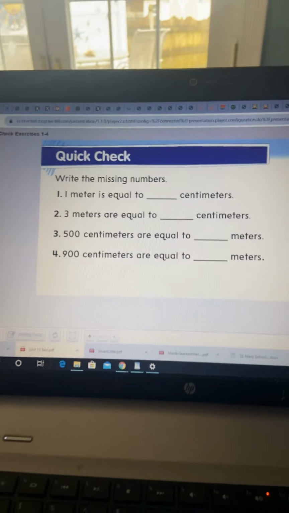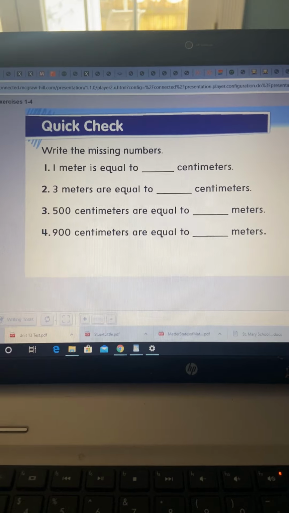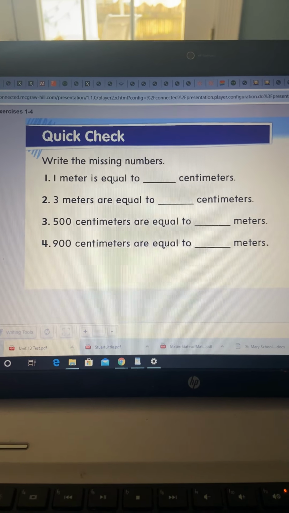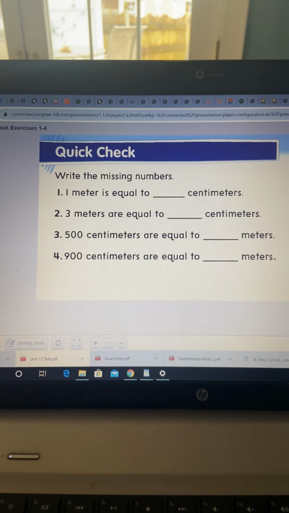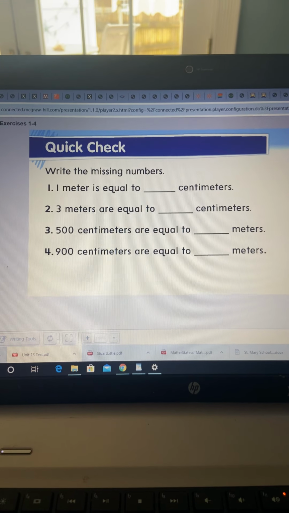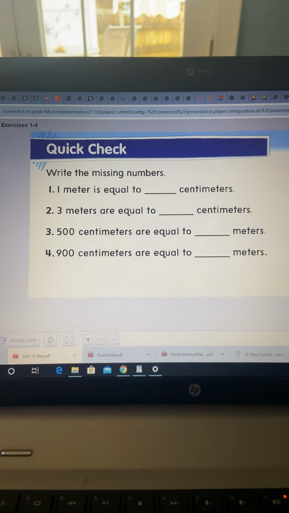If you recall in past lessons, we learned that 1 meter is equal to how many centimeters? How many centimeters equal 1 meter? And if you said 100, then you are correct. All right, so let's take a look at these questions. It says to write the missing numbers. 1 meter is equal to how many centimeters?